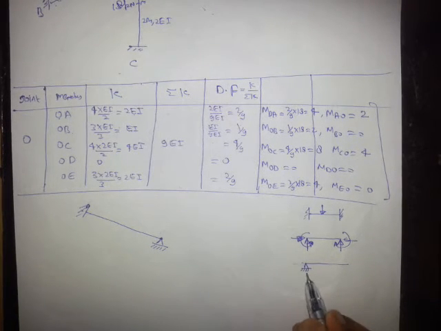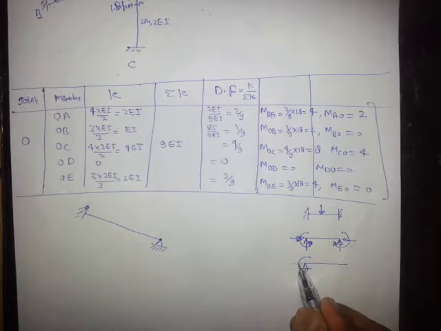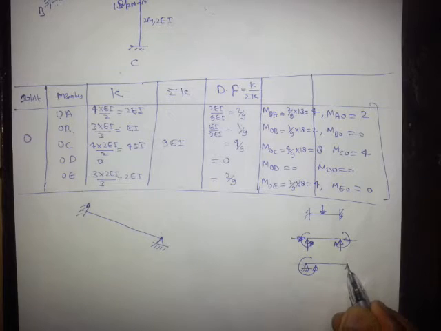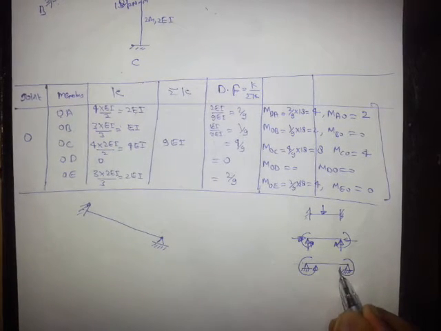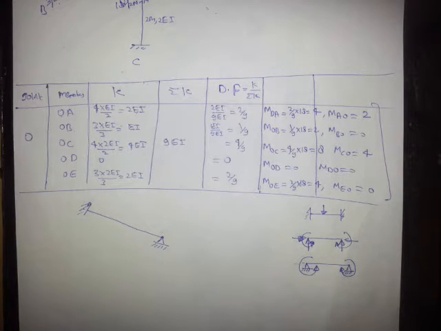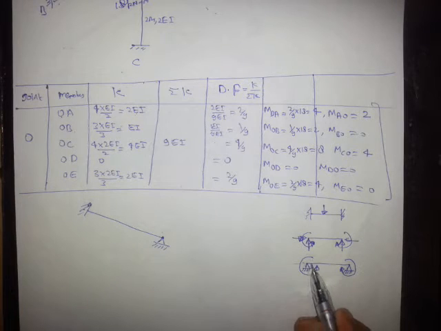Now these two reactions will disappear as I have seen this hinge support, but I will see this moment. Here also I will write this hinge support and this moment. So whenever you want, you can convert a fixed support into a hinge support by applying the end moment on it.